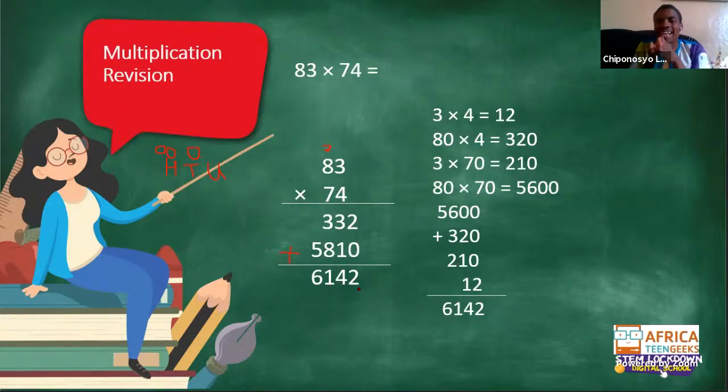So what's important here is understanding place value. Remember that what we're concentrating on here is how we multiply by the multiplier.